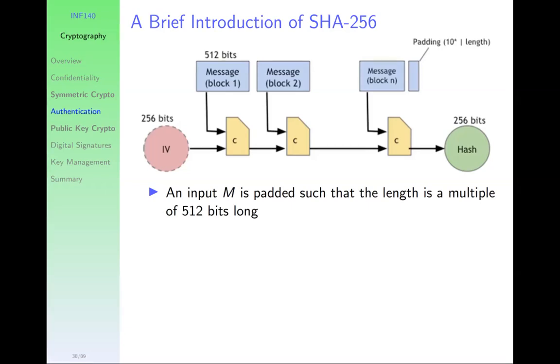And here we have a function called the compression function. By compress, it means it takes input here a 256-bit IV, again, initialization vector, and the message block, which has 512 bits.